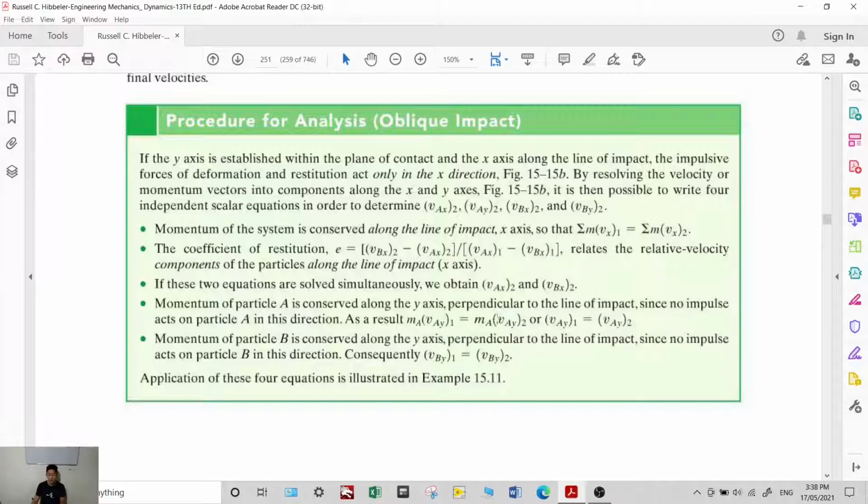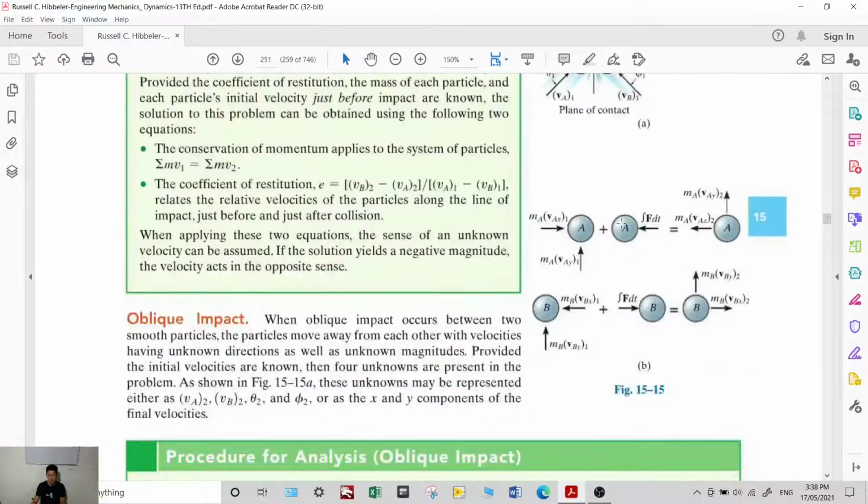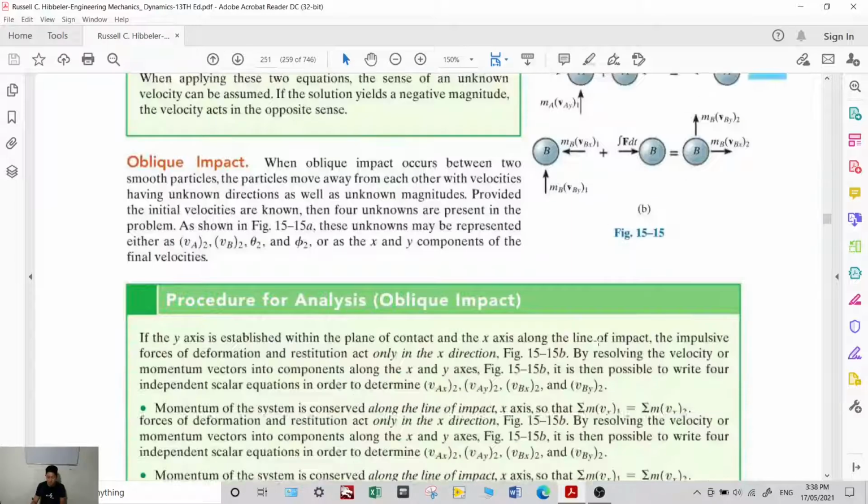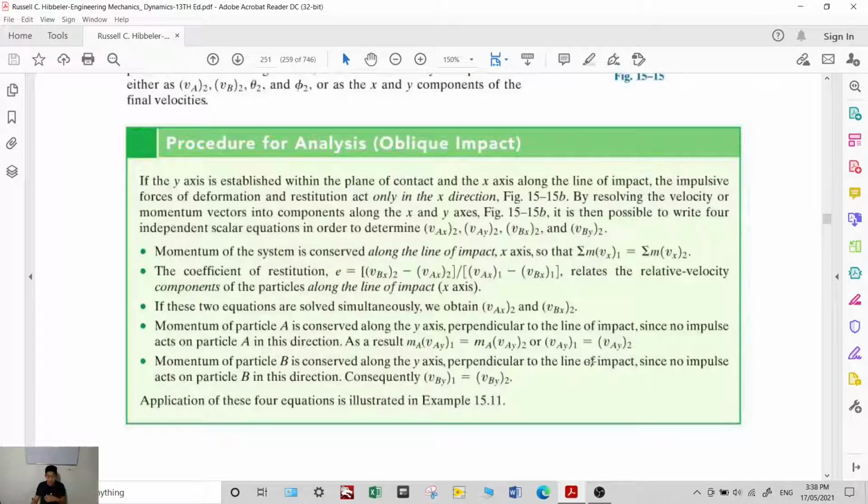So there is no impulse, there are no forces along the y direction. So momentum is conserved. Therefore, MAVAY1 is equal to MAVAY2, or the velocity at the y component is just equal to the final component in the y direction.